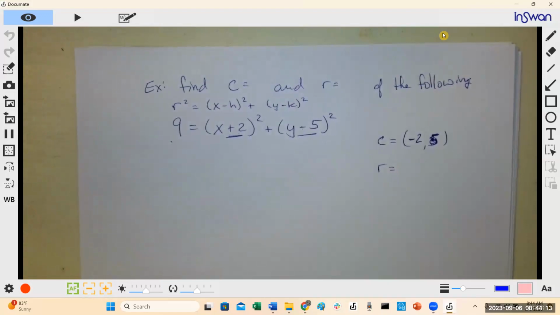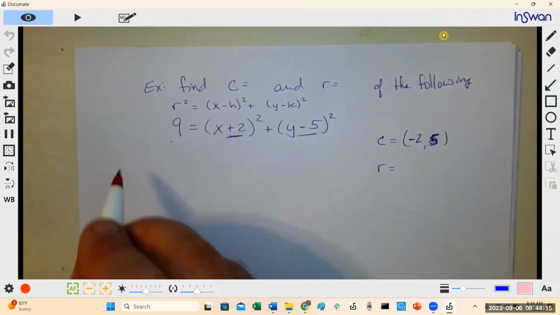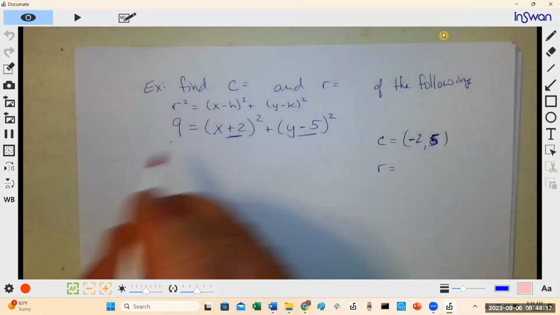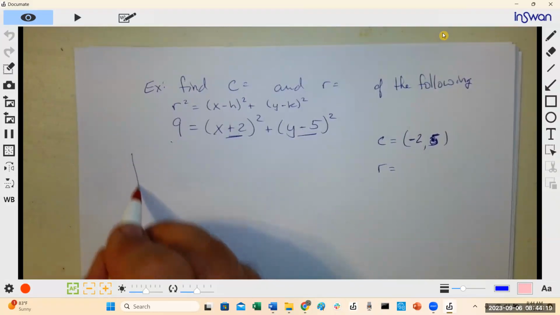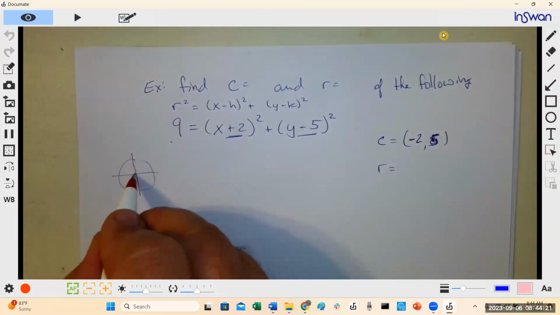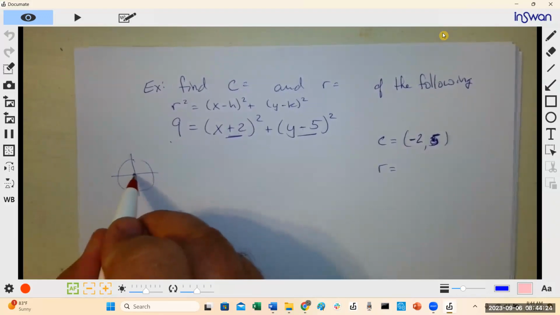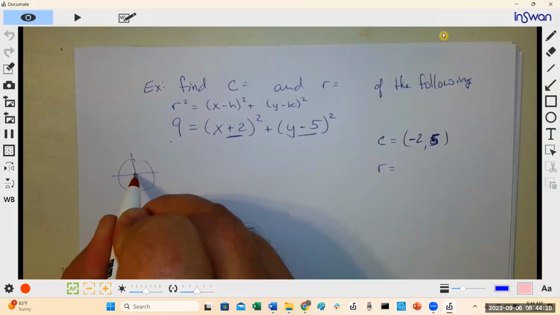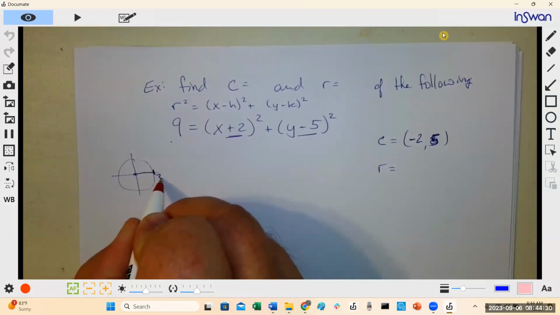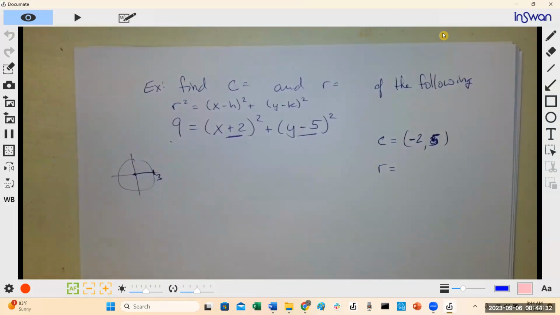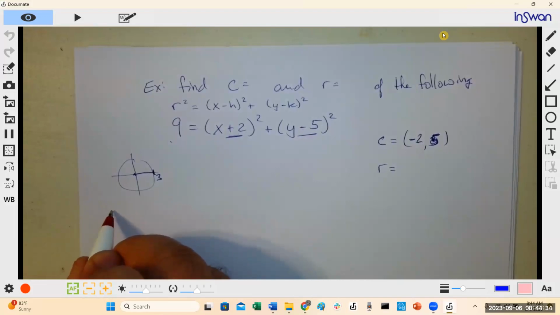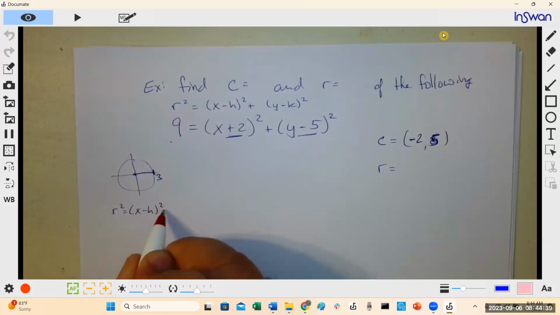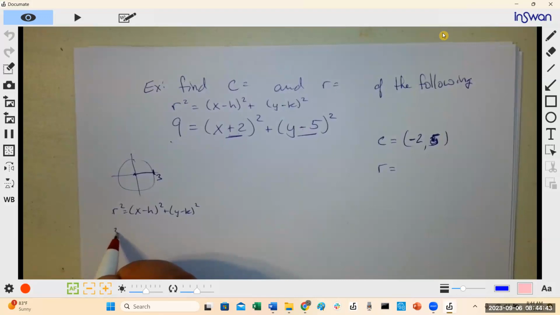Why is that? Because what's happening here is, remember our original equation, if we drew a circle and our center's at (0, 0), and we had radius of 3. So we have the radius, (x minus h) squared, (y minus k) squared. So the radius is 3.